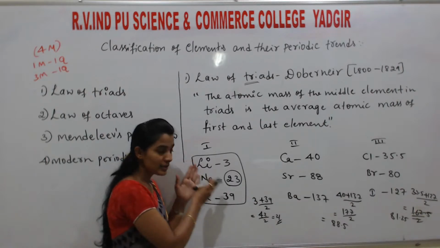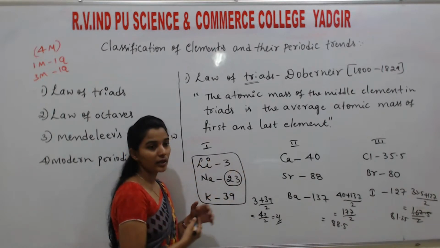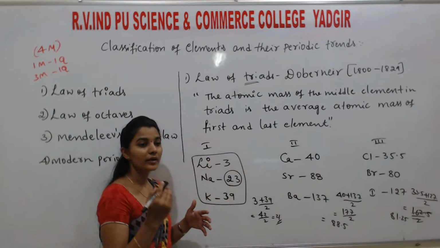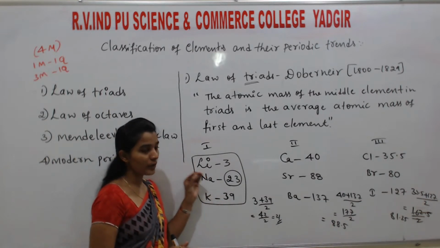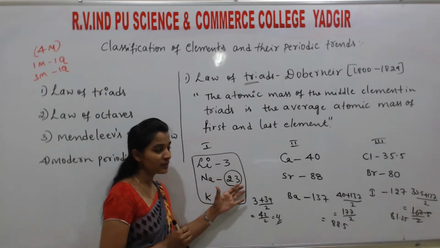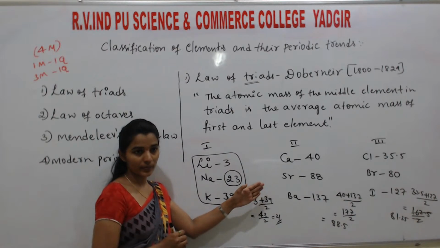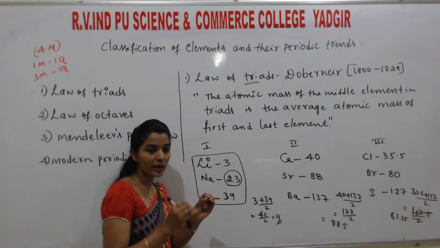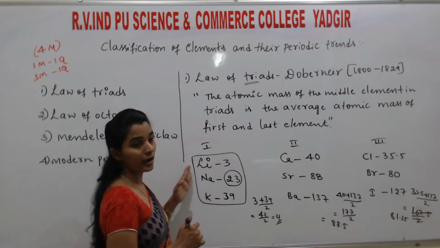This theory fails to explain the set of triads for the remaining 22 elements. Okay? If any law is there, it should apply to each and every element, right? But it successfully explained the law of triads among only 9 elements. He fails to explain why the remaining elements are not showing this law of triads.